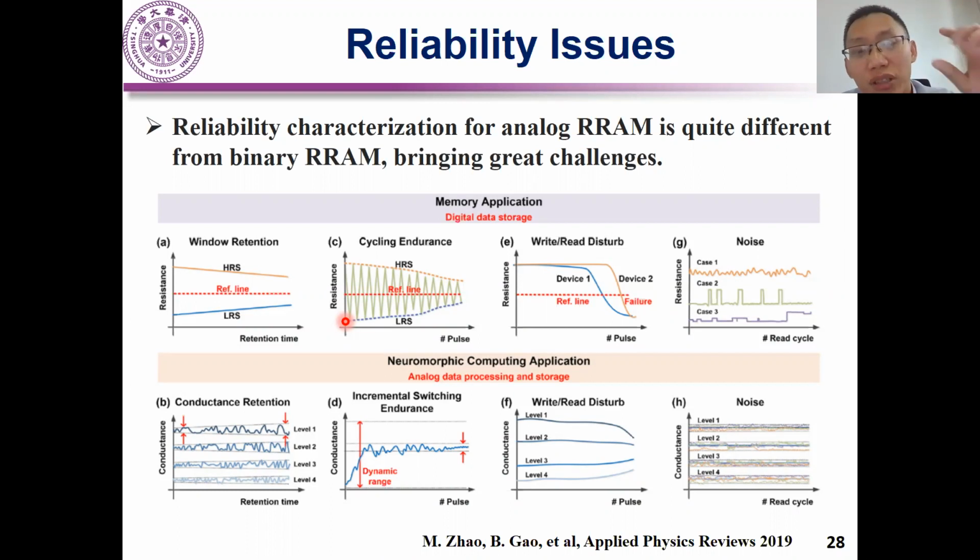We only care about the window. So although the conductance changes over time, as long as the window still exists, there is no problem. But for analog RRAM, even a slight change of the conductance may cause computing errors. So we hope the state is very stable. That is very difficult, and we are still finding ways to make it stable.